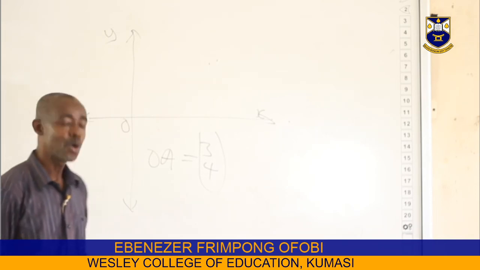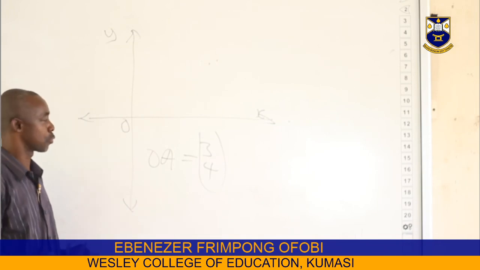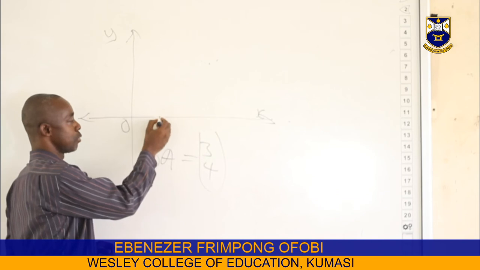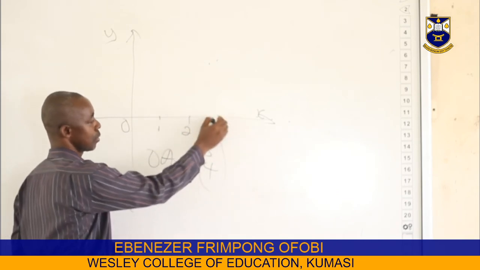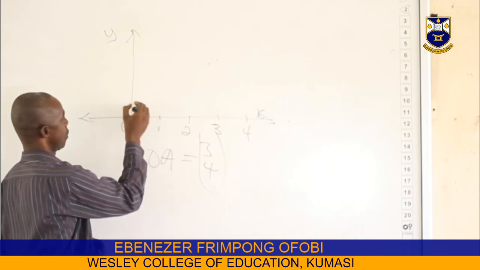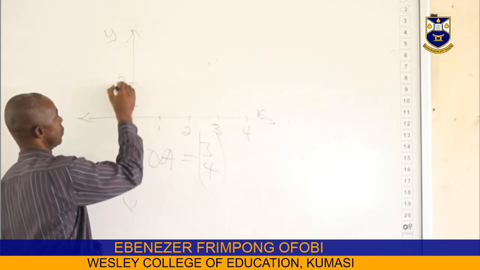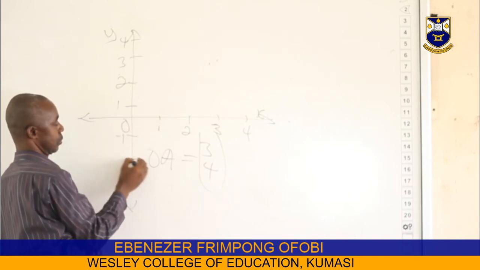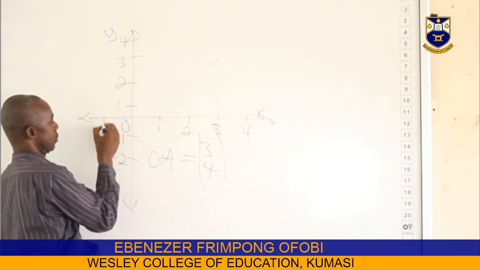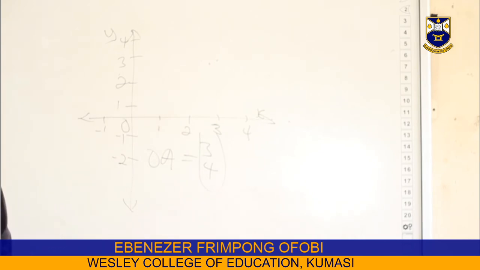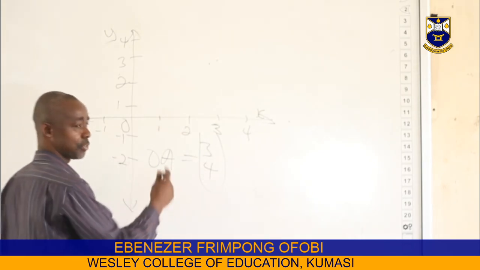What you have to do is indicate (3, 4). Looking at (3, 4), the 3 is positive.